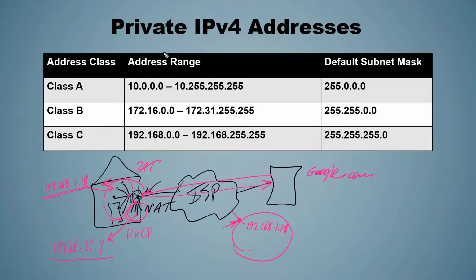Imagine if we didn't have this private IP addressing scheme, and all of them had to be public; basically, per device, we would have to pay for an internet connection. That would be very, very expensive. Now we only pay for one internet connection, that's a public IP address, and internally we use all the private IP addressing which we talked about.